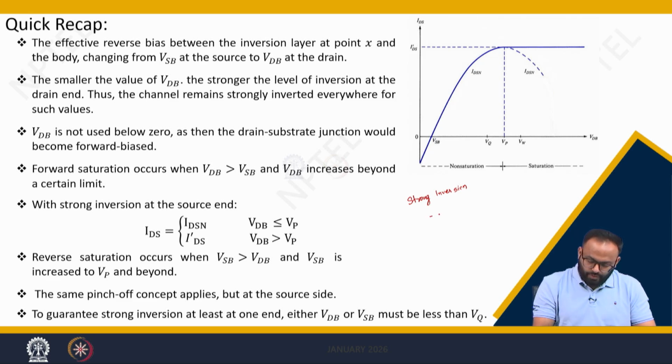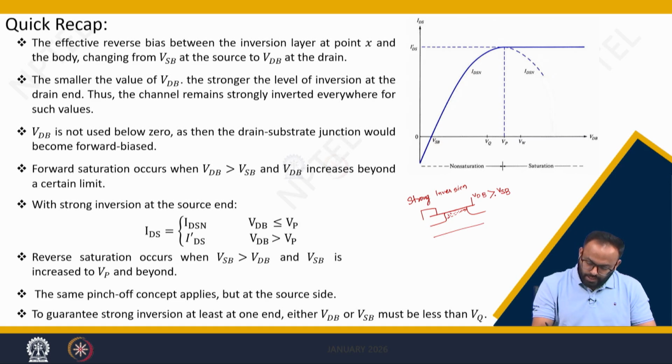So if my source is heavily inverted and VDB is increased over VSB, then the inversion charge near the drain end is less, and hence you have a tapered channel like this, correct? In both ends we do have charges, and then we can say the operation of the MOSFET is strong inversion.